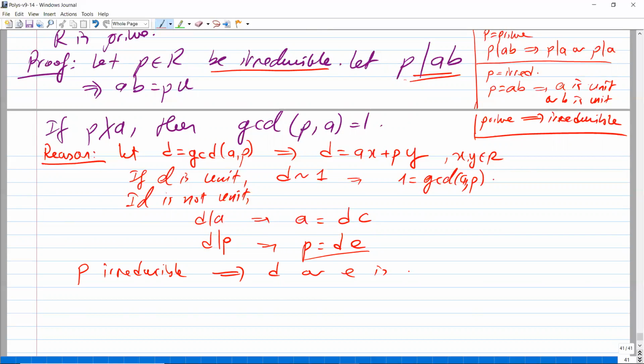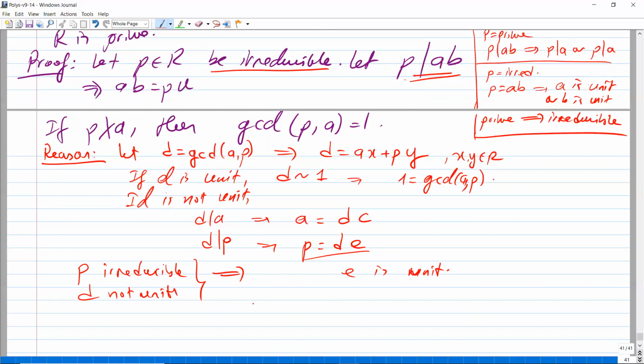One of them is a unit. Also we assume that D is not a unit, so that E is a unit.